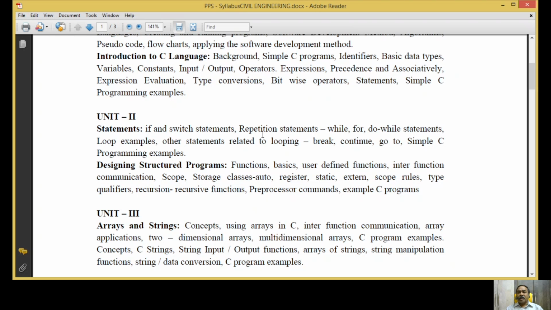So functions are the basic modules, independently executing, self-sufficient, self-reliant modules, smaller blocks of a bigger problem, and the solution from this is taken and processed further to arrive at the final solution for the problem.